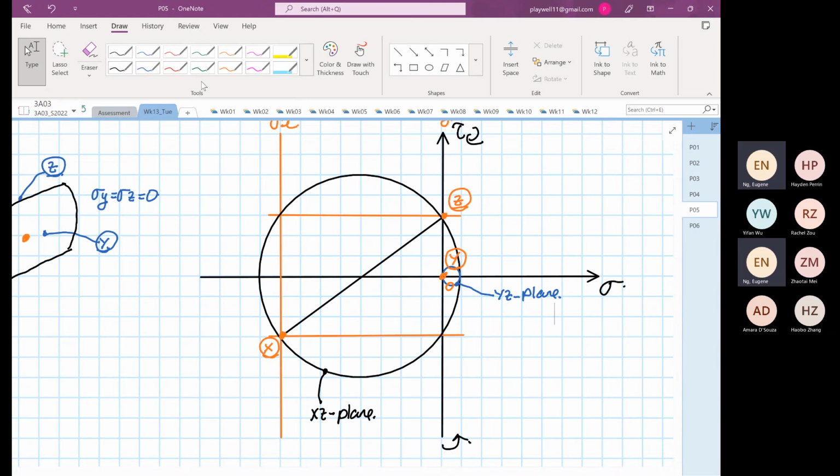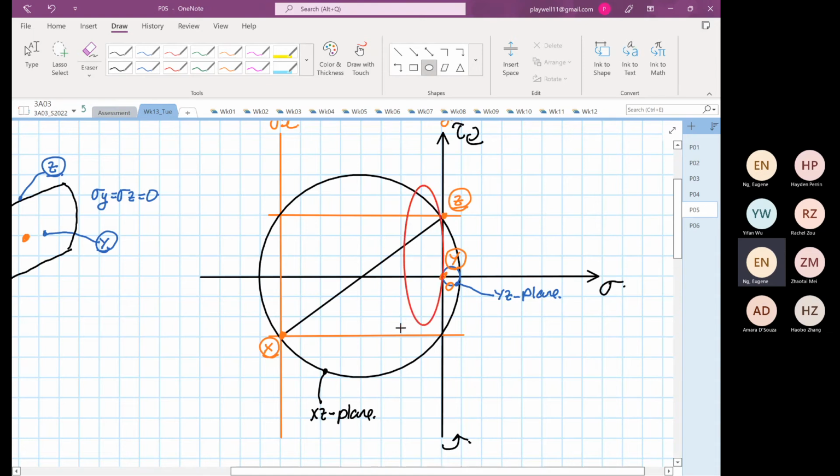And our last circle, and this is for our XY plane. Sorry, YZ plane.